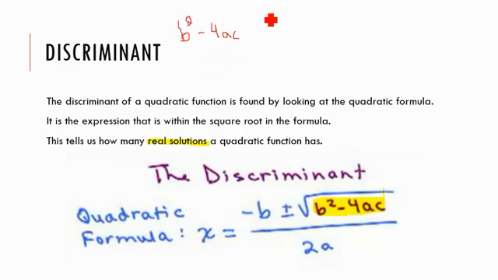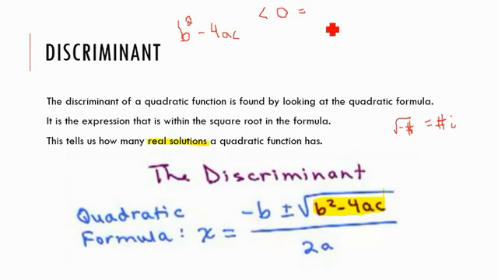It could be less than 0. If it's less than 0, that means that my square root is going to be a negative number. And remember, when we take the square root of a negative number, it's that number from the square root times i, which means that it's imaginary, or it's not real.